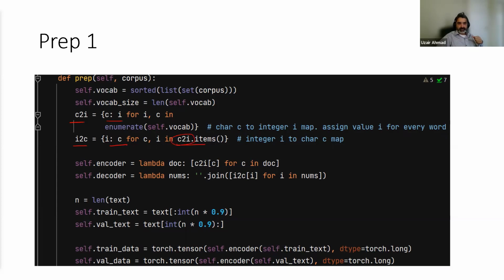These two dictionaries we use to build our encoder and decoder functions. The encoder and decoder will take a character and give the corresponding number, or a number and give the corresponding character or token. Then we split our input into 90% for training, 10% for validation.